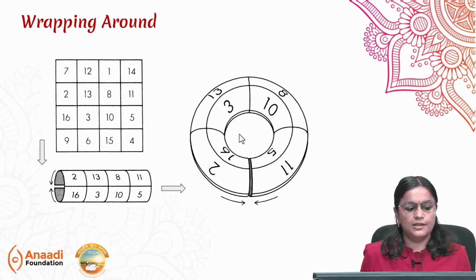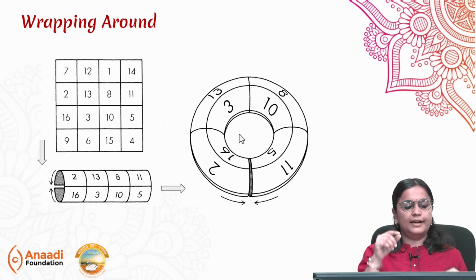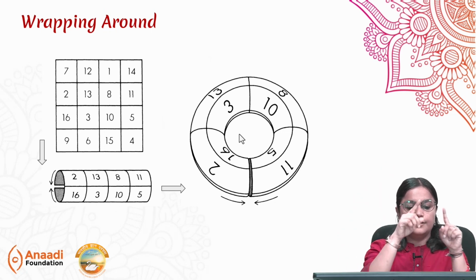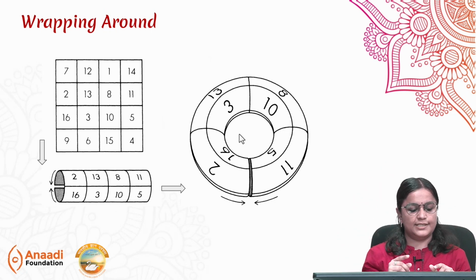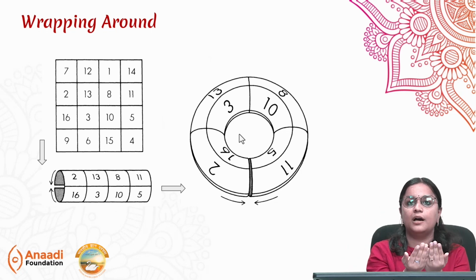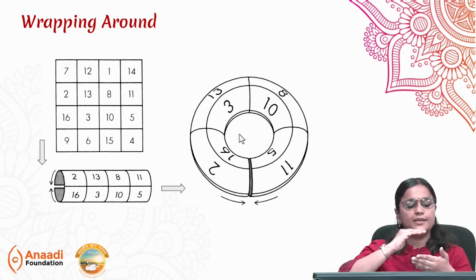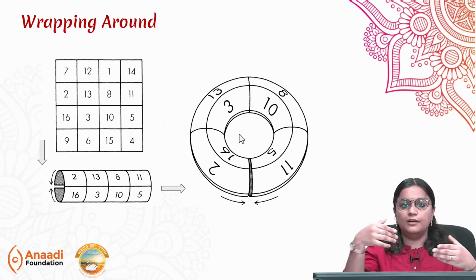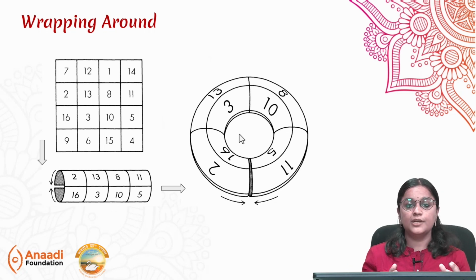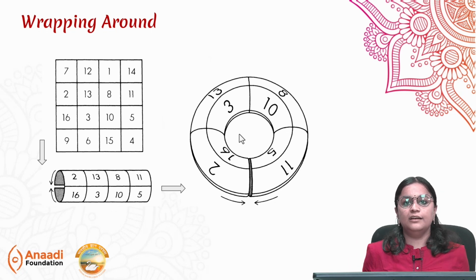Let's see how this may work. Here you can see that this particular square, which is used as an example, can be wrapped around, right? So its wrapping will give us a new place for numbers where already digits have been filled.